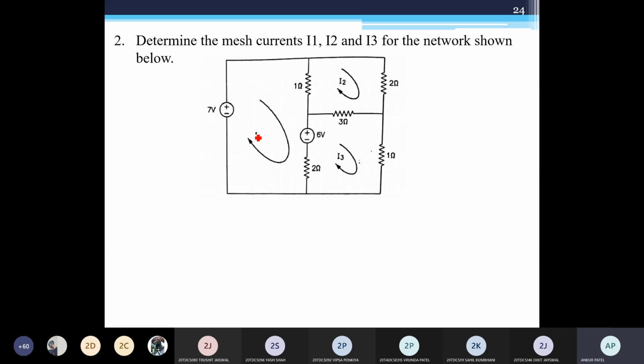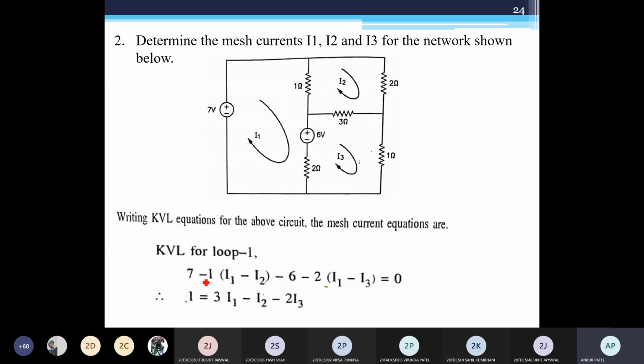Just get three equations. So for the first mesh we can write: plus 7, 7 minus 1 in bracket I2 minus I1 minus I2 minus 6 minus 2 in bracket I1 minus I3 equal to 0.